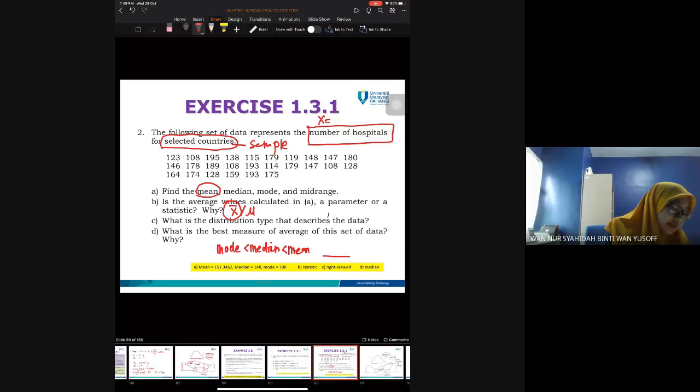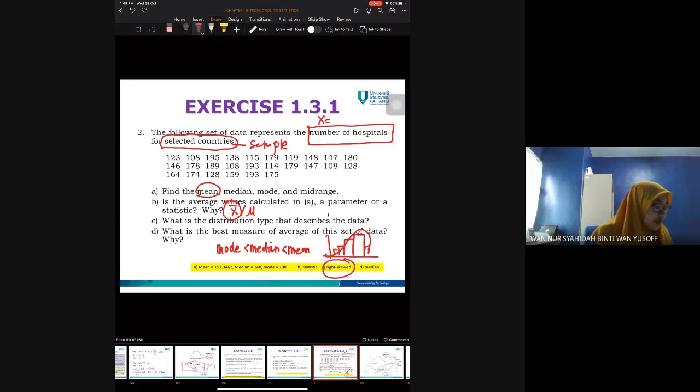If we sketch, you will get the mean as the lowest value, then median, and then mode as the largest value. That's why we have right skewed.